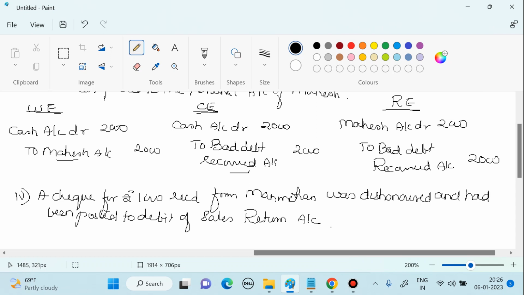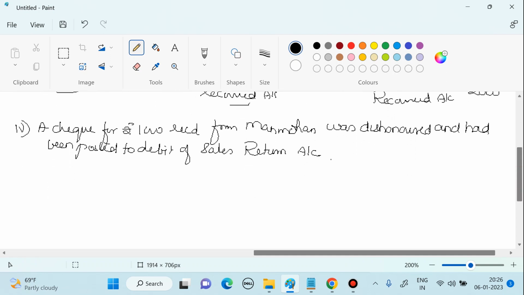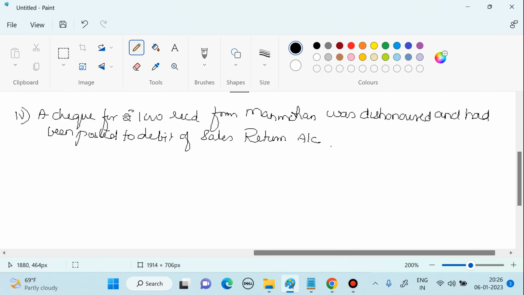So when a check received like this is dishonored, we would have to reverse the original entry which we passed. Originally, when we received the check, we would have debited bank, credited Manmohan account. Now, as the check is dishonored, we should have debited Manmohan and credited bank account because money would have to be reduced from the bank account and Manmohan again becomes a debtor because that amount which is due from him, 1,000, is not yet received, still receivable because of the dishonored check.